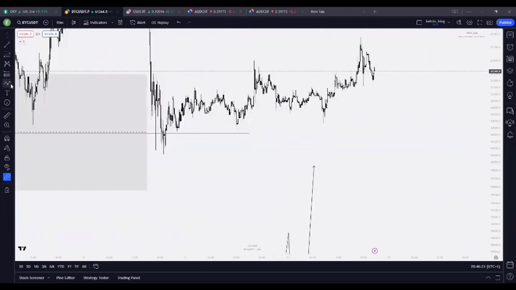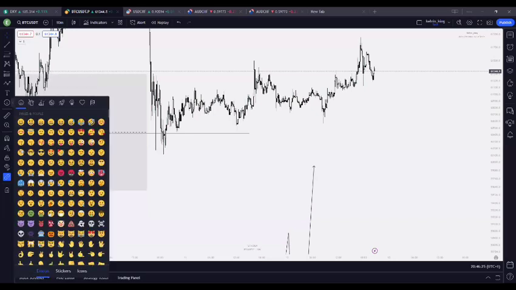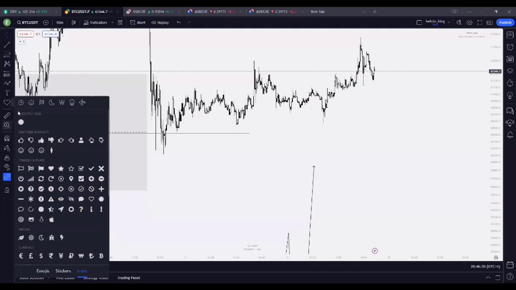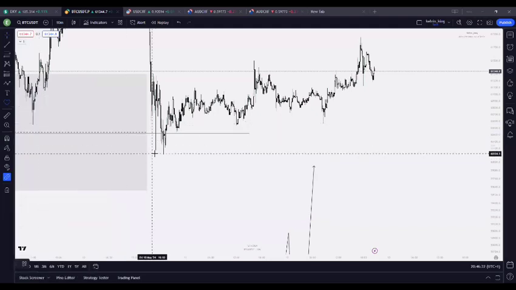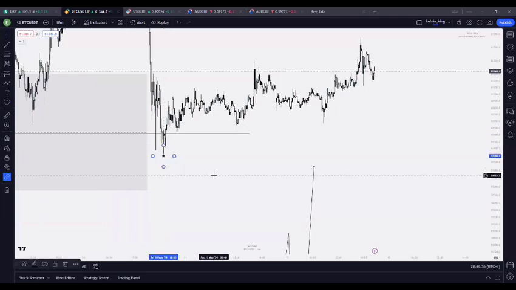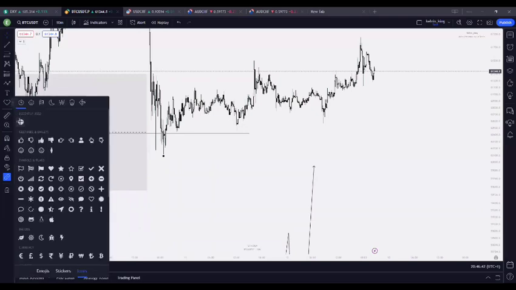Now, price created this low. Price created this particular low. But before that, price created this high.